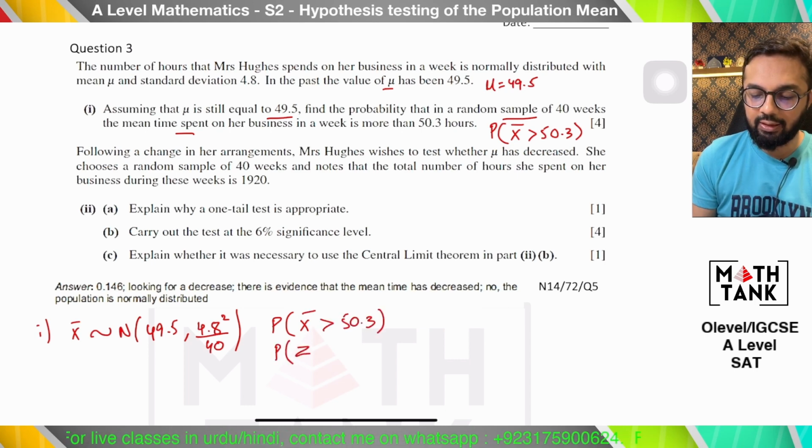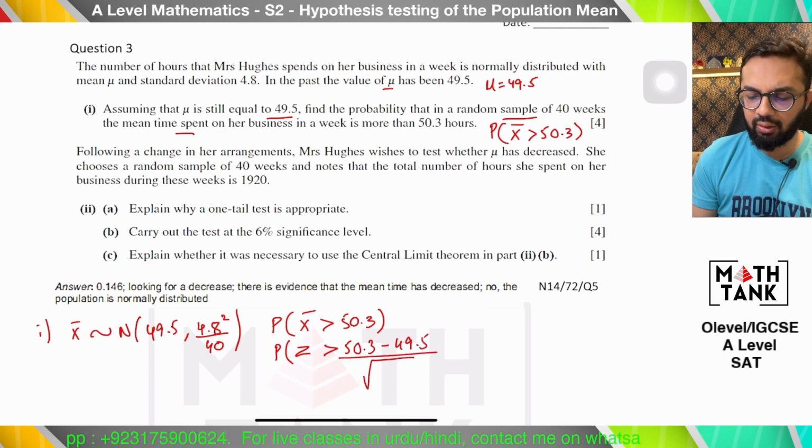So I'm going to say Z is greater than 50.3 minus 49.5 divided by 4.8 divided by root of 40.